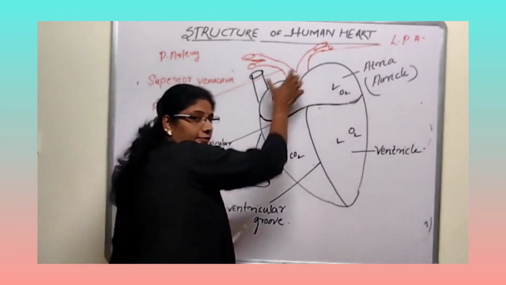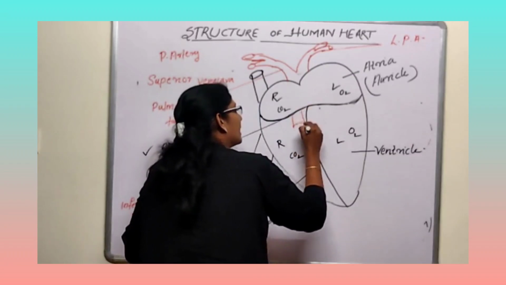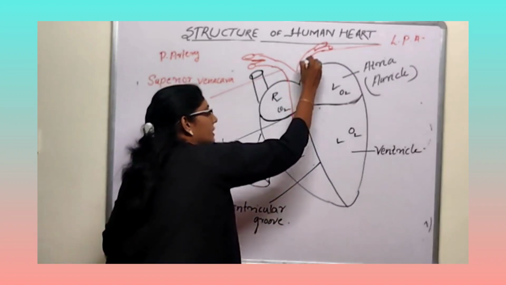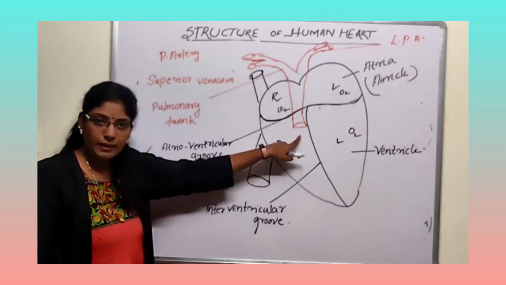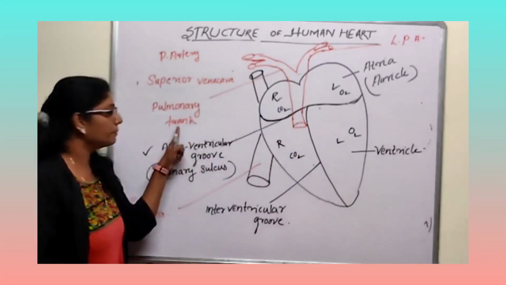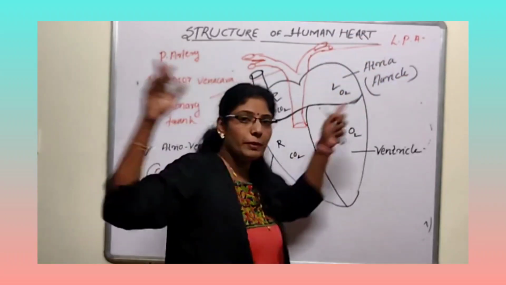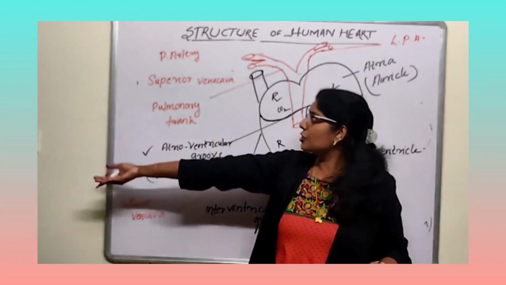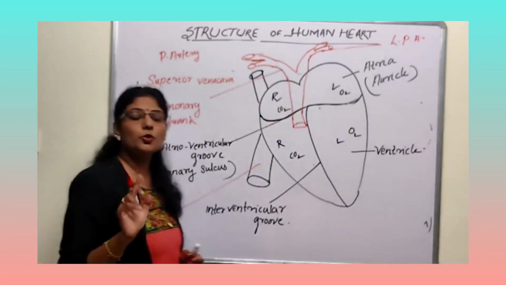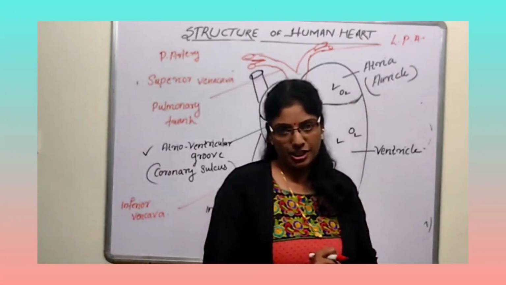This blood vessel will start from here and take the impure blood to the lungs for purification. So that blood vessel is called the pulmonary trunk. The pulmonary trunk will divide into two branches, that is the right pulmonary artery and the left pulmonary artery. So these two blood vessels carry the impure blood to the lungs for purification.